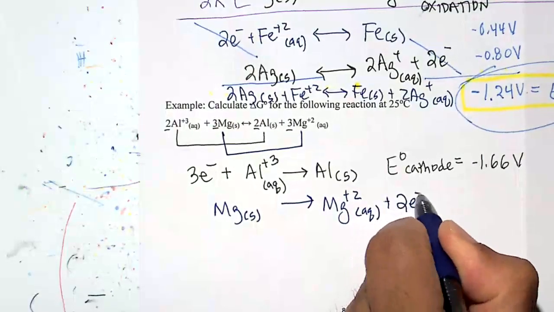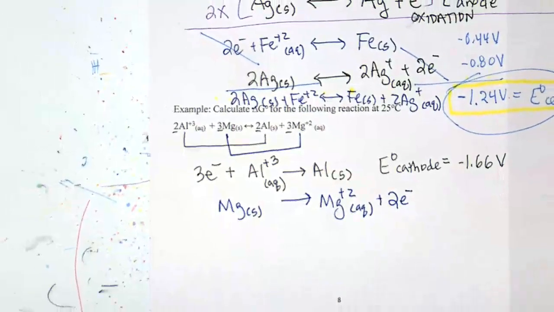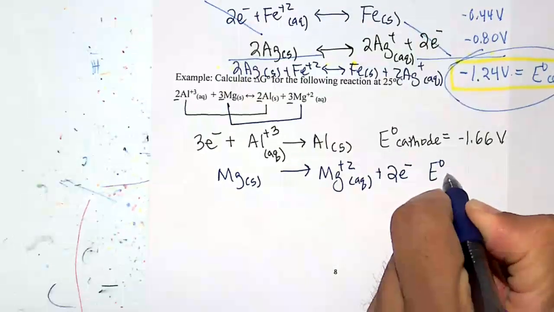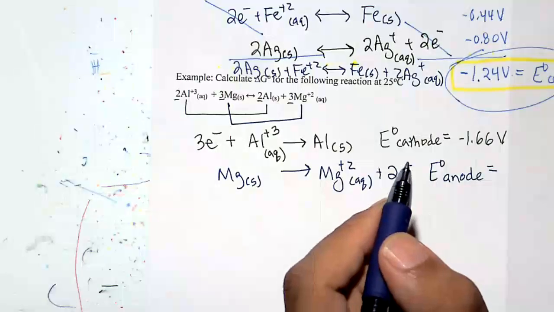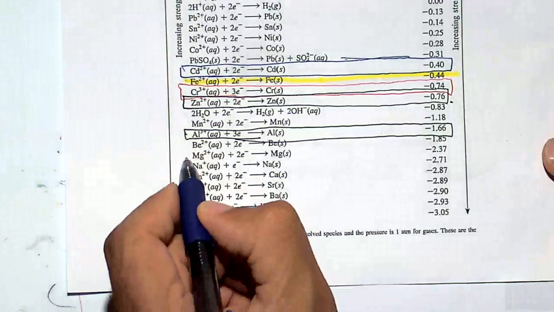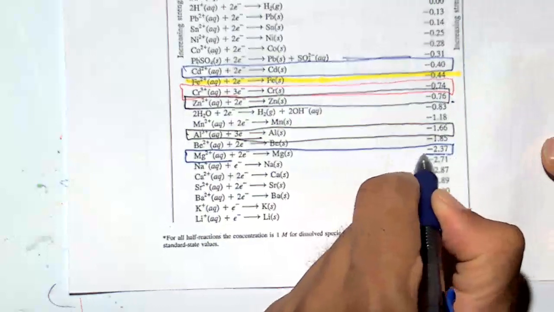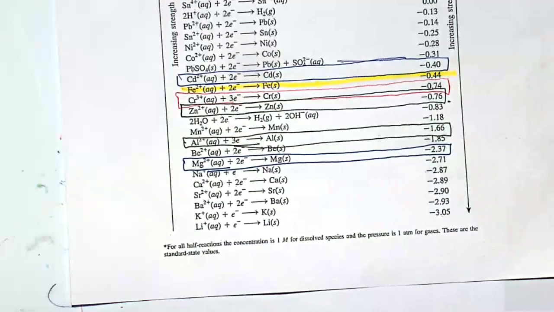Is this correct? Yes. Is this the cathode or the anode? This is losing 2 electrons, so we're going to call this the anode. Now, where is this? Magnesium solid and Mg plus 2. I see it right here. Do you guys see it with me? But what do we need to do with this number? What do we need to do to the minus 2.37?